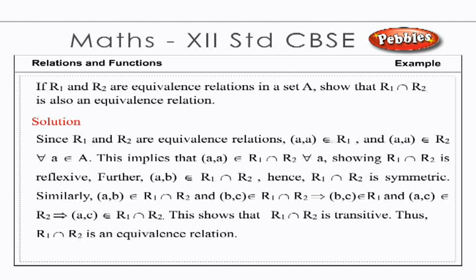Further, (a, b) belongs to R1 intersection R2 implies (b, a) belongs to R1 intersection R2, hence R1 intersection R2 is symmetric. Similarly, (a, b) belongs to R1 intersection R2 and (b, c) belongs to R1 intersection R2 implies (a, c) belongs to R1 and (a, c) belongs to R2, implies (a, c) belongs to R1 intersection R2. This shows that R1 intersection R2 is transitive. Thus, R1 intersection R2 is an equivalence relation.